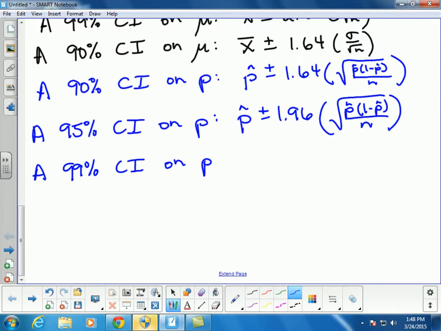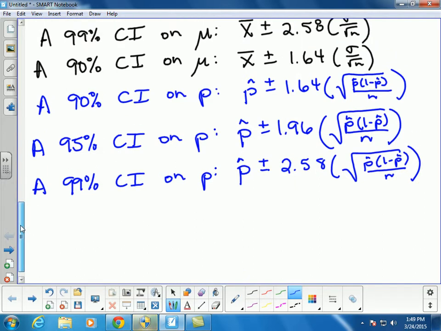I'm sure at this point you see the pattern that's happening. We base it around the p hat statistic, the point estimate, and then it's 2.58 times that standard deviation, which is the square root of p hat times 1 minus p hat over n. So those are the formulas for the confidence intervals that we will be generating.